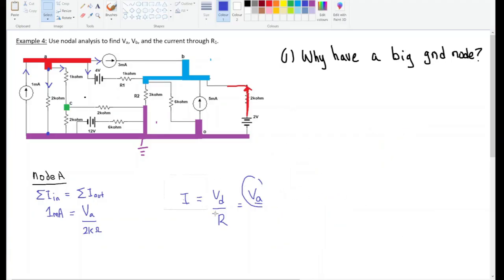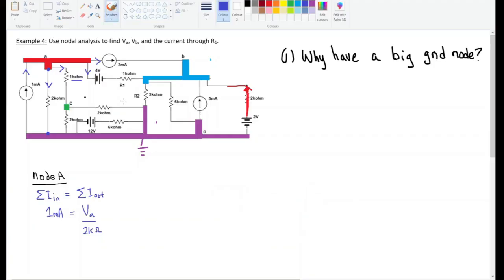Okay, so in this case, the current moving through this 1 kilo ohm resistor is equal to the drop in voltage over the resistance. That would be VA minus VC, and then that would be over 1 kilo ohm. Okay, so that's the second one.